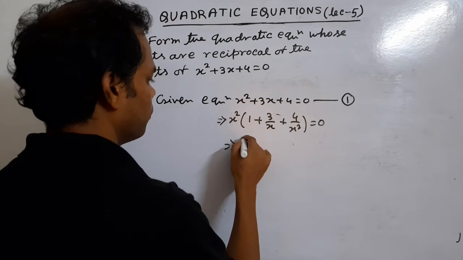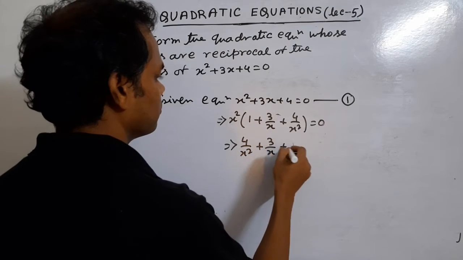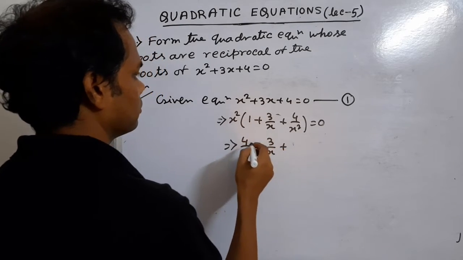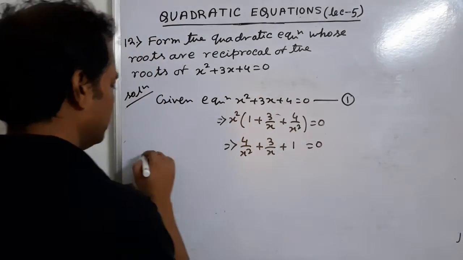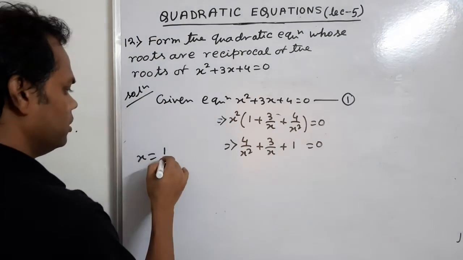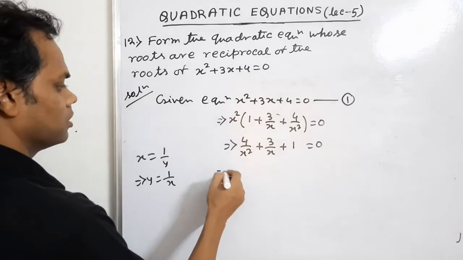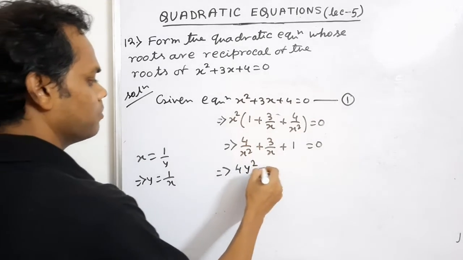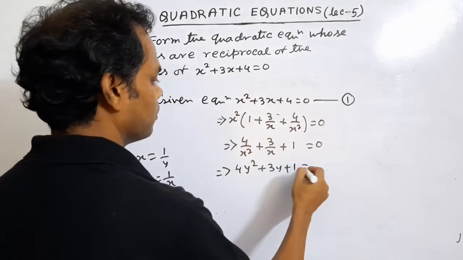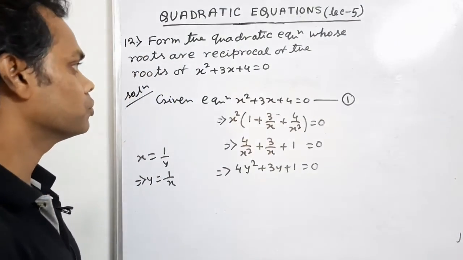So 4 by x square plus 3 by x plus 1 equal to 0. Here x is replaced by 1 by y, so y is replaced by 1 by x. So we get 4y square plus 3y plus 1 equal to 0. This is another way to solve this sum.